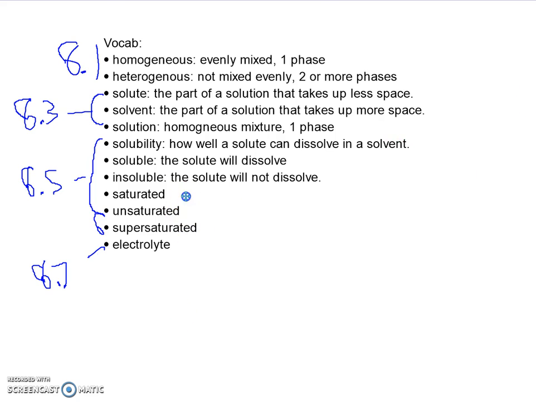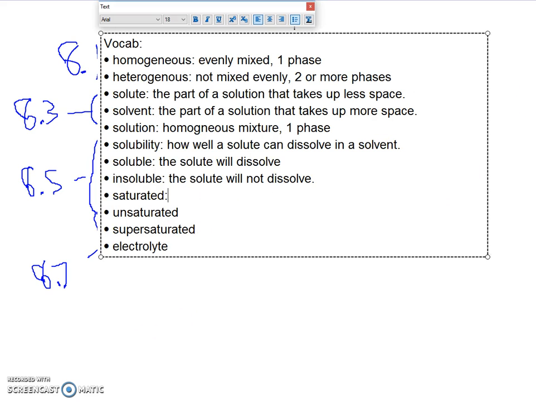Saturated, we didn't focus too much on this in class, but that means as much solute has dissolved as possible. If you try to dissolve sugar in water, it'll dissolve quite a bit, but eventually the sugar won't go into the water anymore. Unsaturated means you're not yet saturated, so more solute could dissolve.